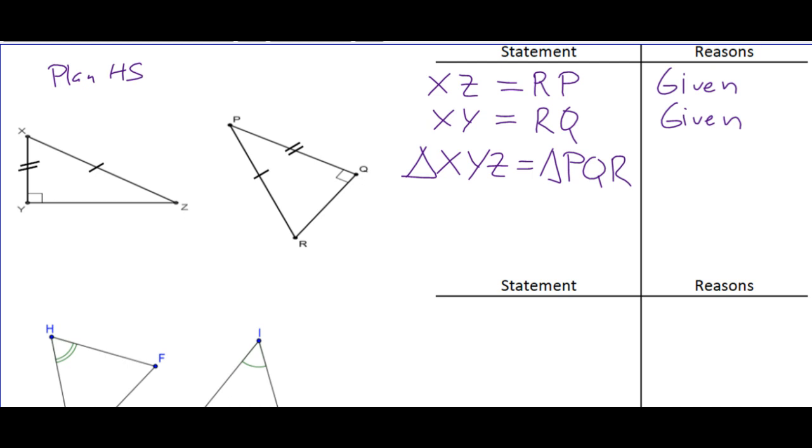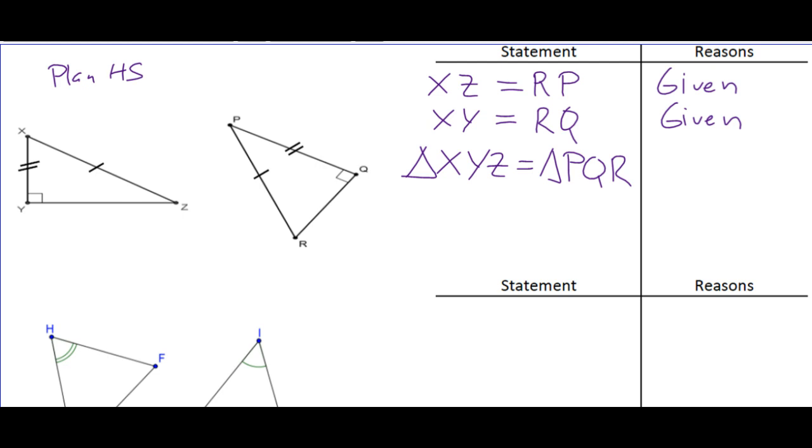Okay, so make sure, if I'm going X to Y to Z, I'm going from here down to the hypotenuse along the side with the 2 and then out. So I need to come down here along the side with the 2 and then out from the hypotenuse, so PQR. Tells me angle Y is the same as angle Q. X is the same as P, XY corresponds to RQ.